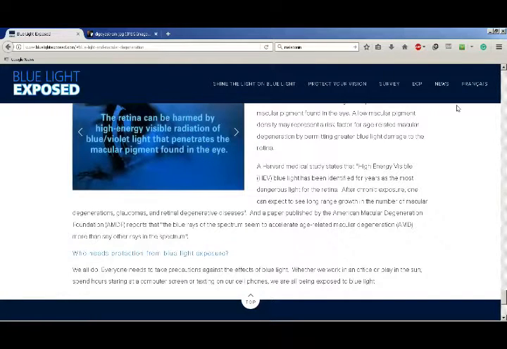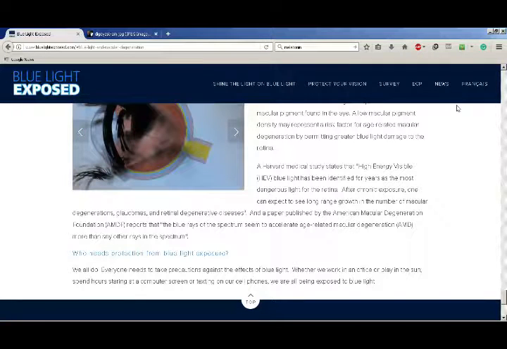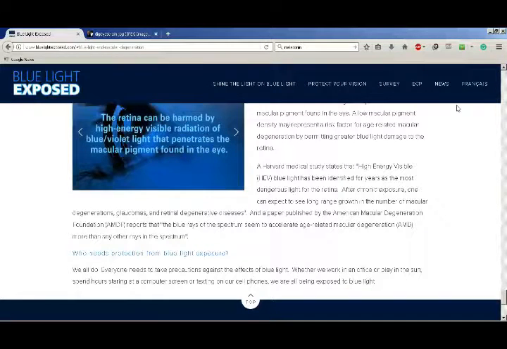Okay? After chronic exposure, one can expect to see long-range growth in the number of macular degenerations, glaucomas, and retinal degenerative diseases. And a paper published by the American Macular Degeneration Foundation reports that the blue rays of the spectrum seem to accelerate age-related macular degeneration more than any other rays in the spectrum.